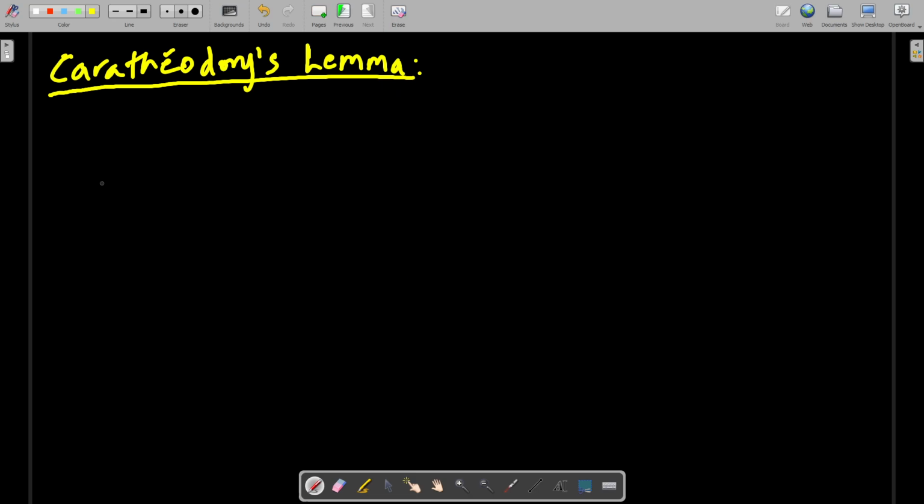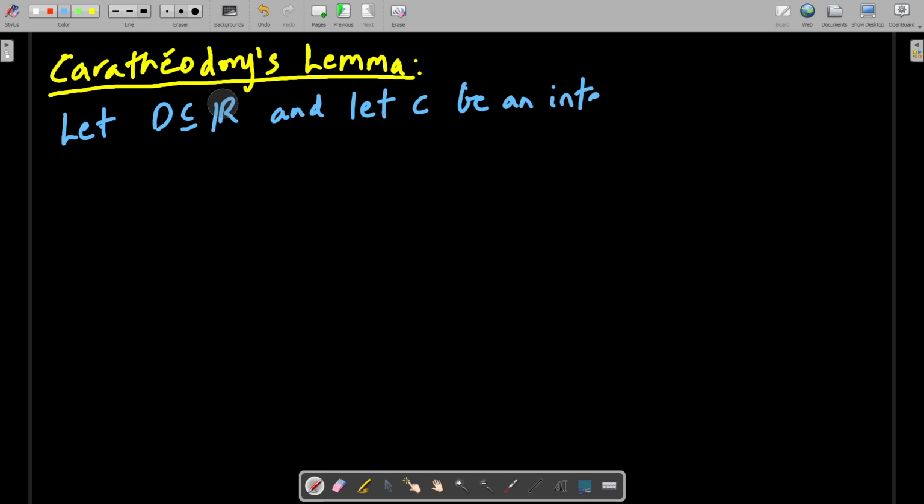The result is: let D be a subset of R, and let C be an interior point of D.